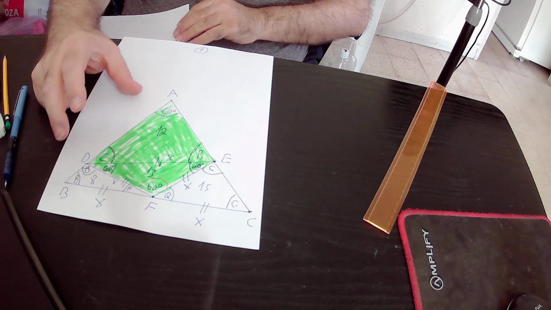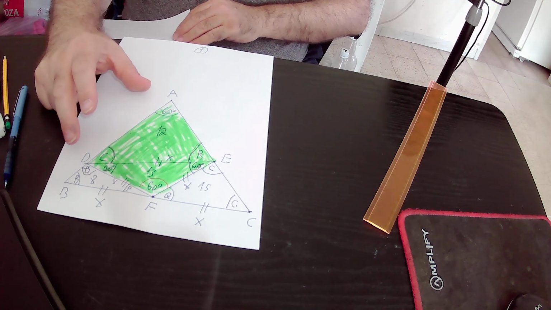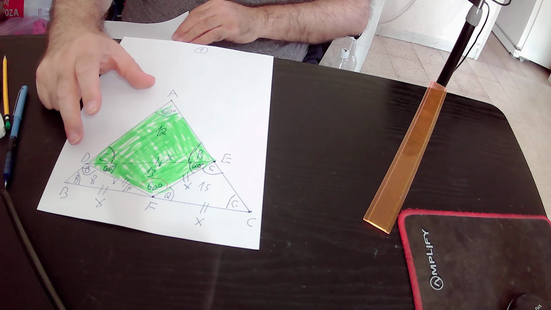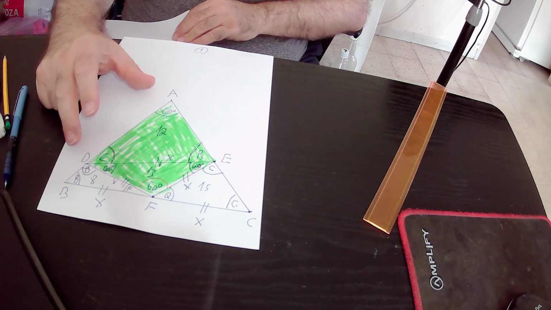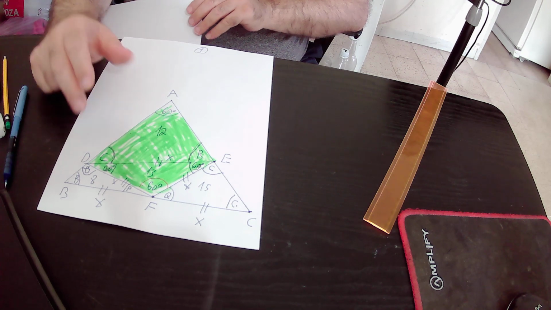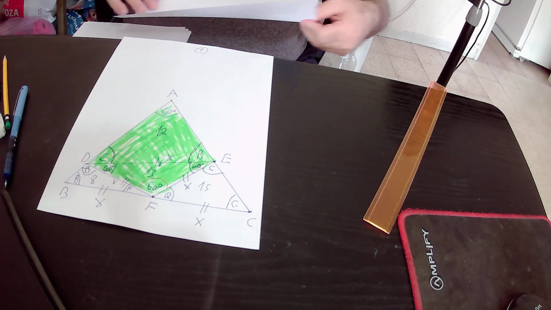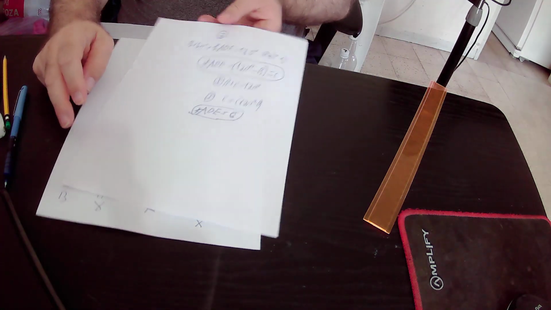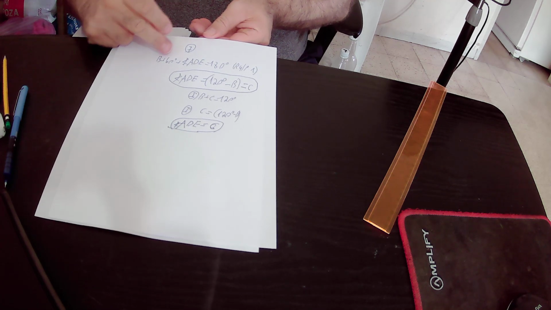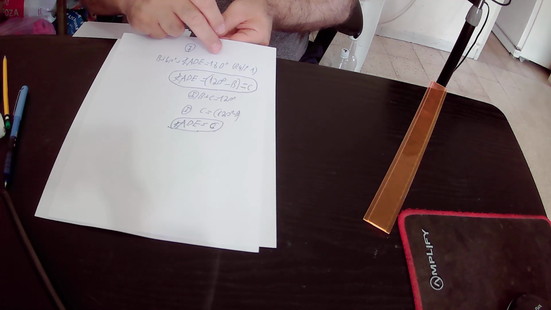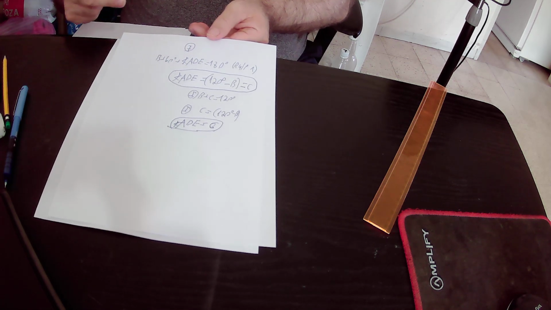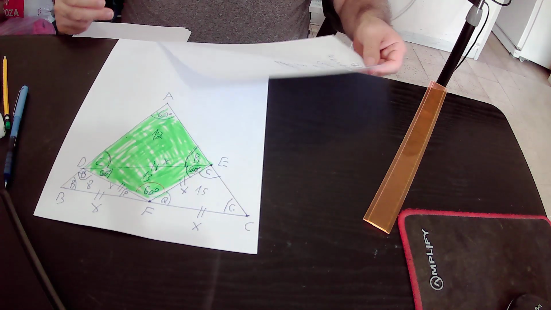So if we look at AB, it is the side of triangle ABC, therefore it is a straight line. So actually the sum of the angles on the straight line AB equals 180 degrees. That is to say, if you focus on point D, B plus 60 degrees plus angle ADE must be equal to 180 degrees according to rule number 1.